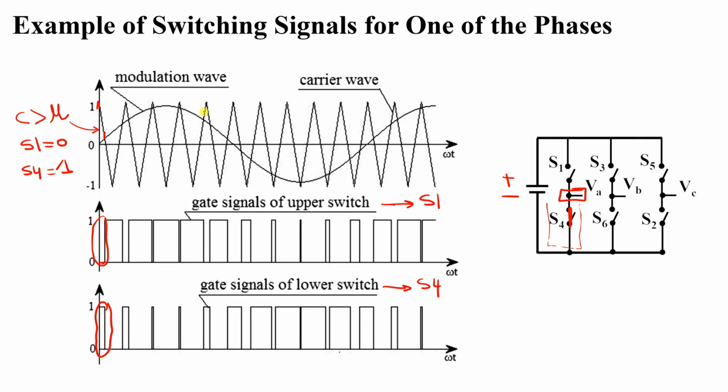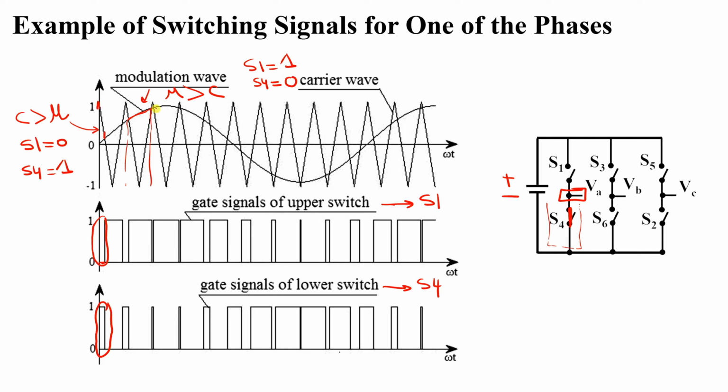Looking at another point, this one here, you'll see that the modulating wave is greater than the carrier wave in this region, which means that S1 will be on, and on the other hand, the complementary S4 will be 0.